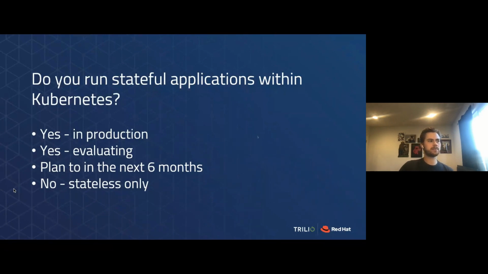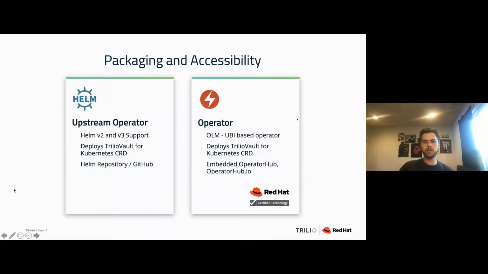All right, we'll keep going on here if you can keep seeing my screen. So for packaging and accessibility, how to get access to TVK: you can install us using an upstream operator using Helm v2 or Helm v3.